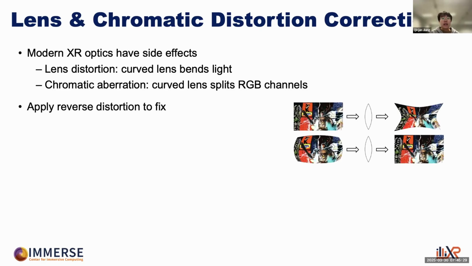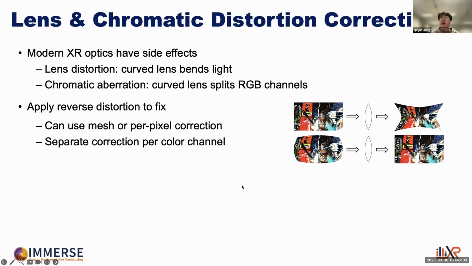So what we can do is apply the reverse distortion. As shown in this figure, if we directly display a normal image, after the lens distortion we will get something distorted, right? But we know this distortion exists, so we apply the reverse distortion by warping this frame a little bit, so that after the lens distortion, we actually get a normal frame.